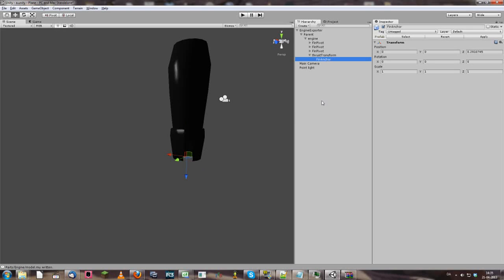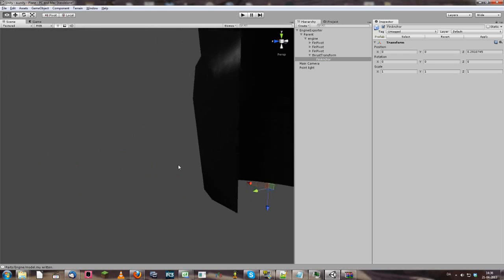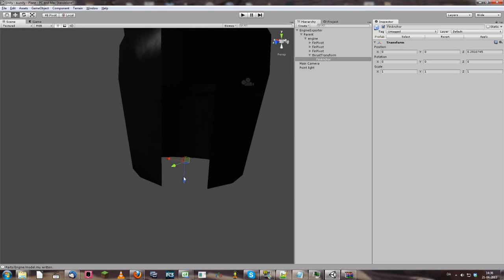The fin anchor is just an empty transform. It's used in calculating how to actually rotate each fin. The fin anchor should be centered around the z-axis of the thrust transform, because the thrust comes out the z-axis. So x 0, y 0, and z something positive.